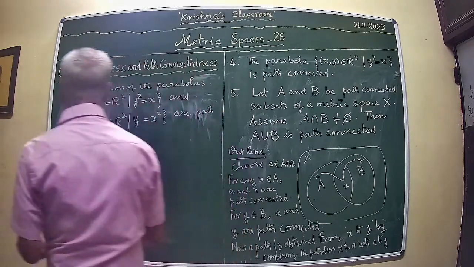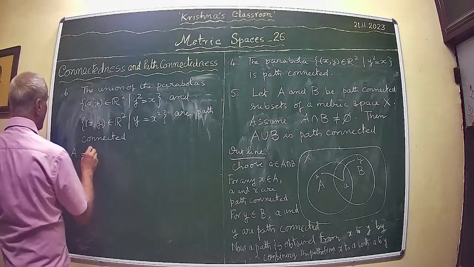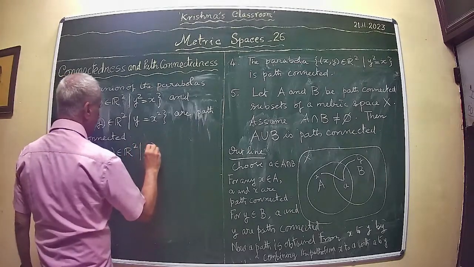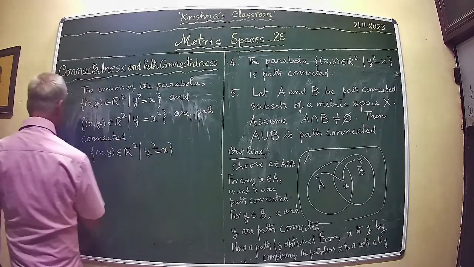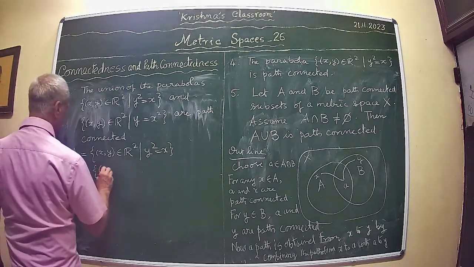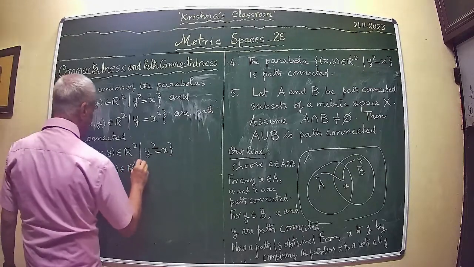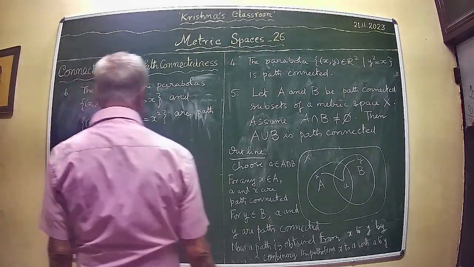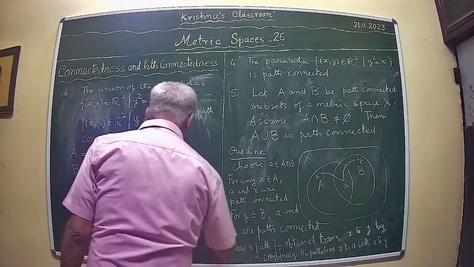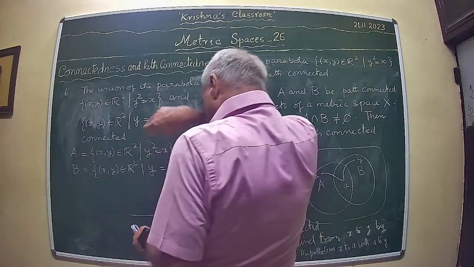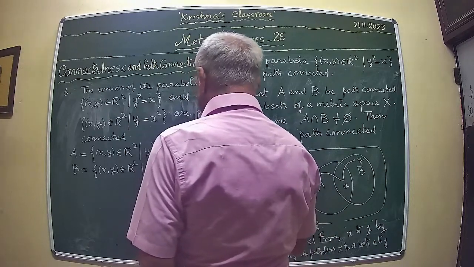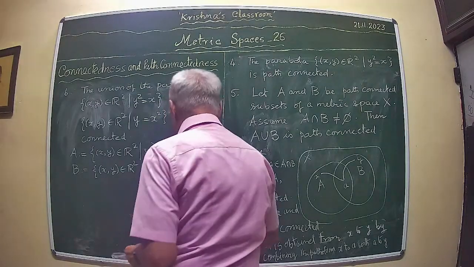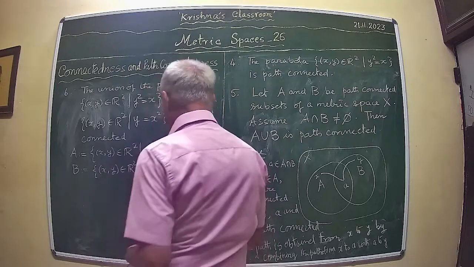Now you take A to be one parabola and B the other. So the scenario is this. y square equal to x is this one, and y equal to x square is this one.